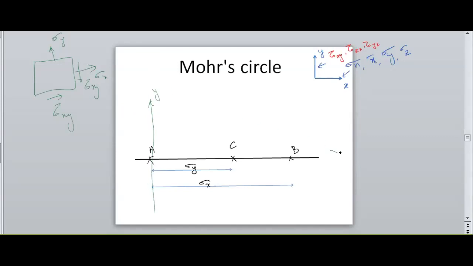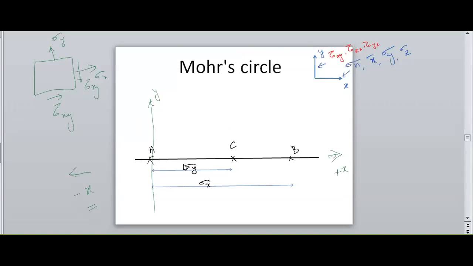The x-axis begins from A. The positive direction is to the right, and the negative direction is to the left. If I have a compressive load, I need to take it towards the left-hand side from A.